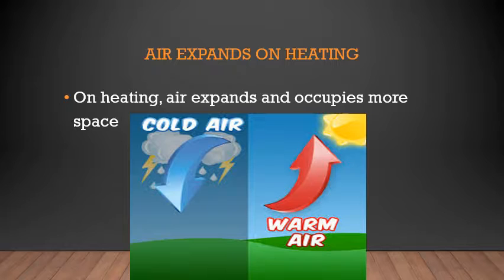It exerts pressure means that when you put weight on something, it means you are pressurized. So that pressure is present in the air. Air expands on heating. It becomes expanded and it goes upward. And the cold air always will be lower than the hot air.